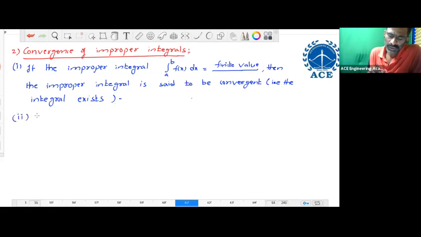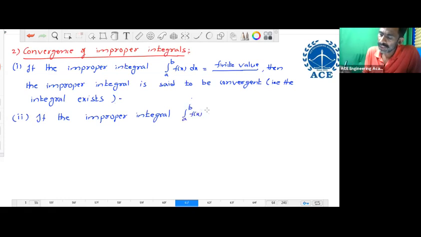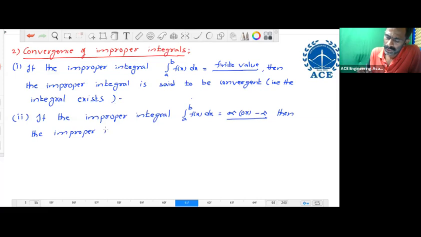Next, the second one. If the improper integral a to b f of x dx equals plus infinity or minus infinity, then the improper integral is said to be divergent.